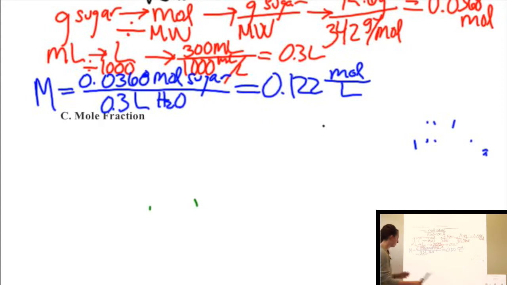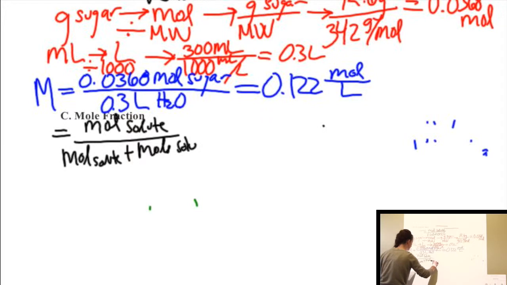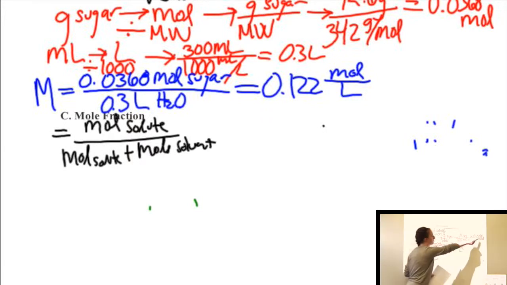So, for our mole fraction, we define it as moles of your solute divided by moles of solute plus moles of solvent. So from the previous problem, we already know that we have 0.0368 moles of our solute, which is the sugar.